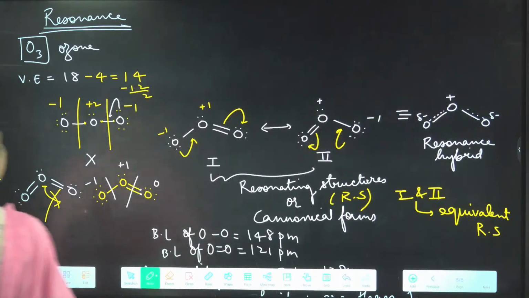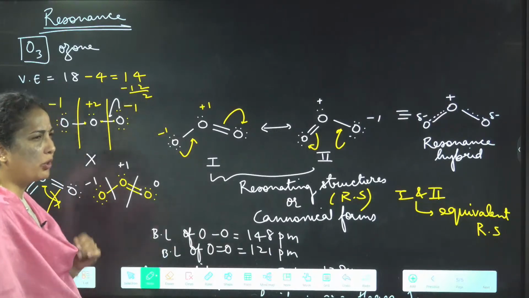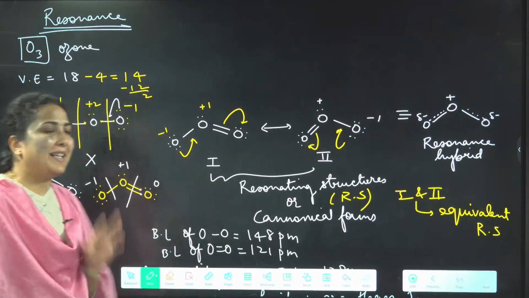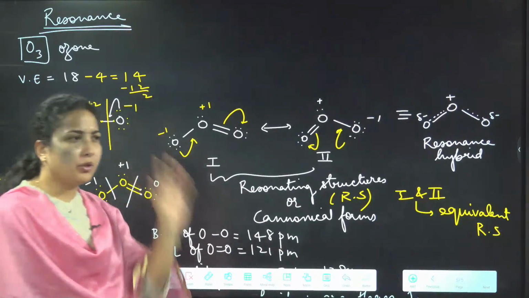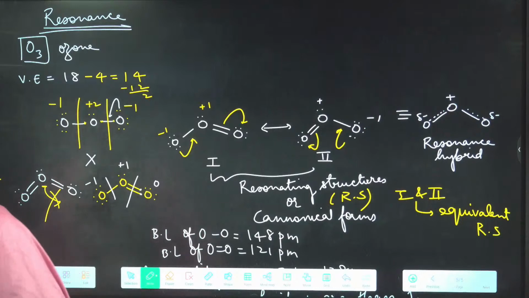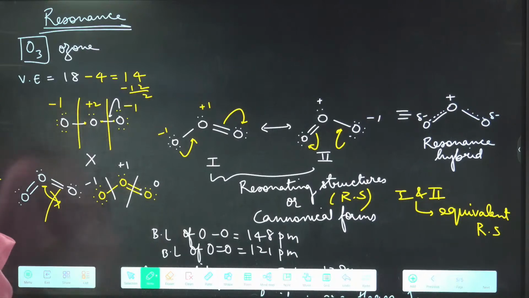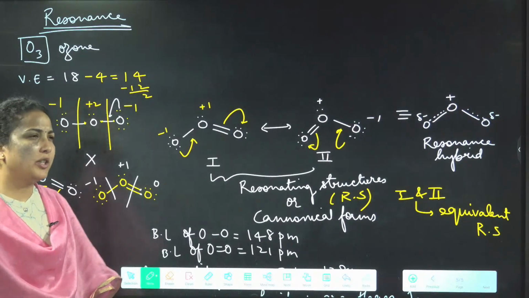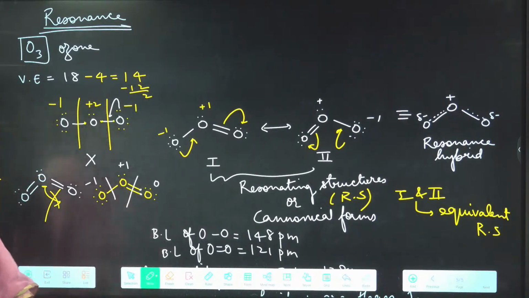And this generic method is a little bit longer, but it is applicable for any molecule or any species you take, for drawing it. As such, for normal molecules which you get, you can always stick to the shortcut which I've told you. Absolutely fine. Here also you could have stuck to that, but only in case of N3 minus and the other ones like OCN minus, SCN minus, you might face some difficulty. That is the reason I've told you the generic method. Write this, and bond lengths you don't have to remember, okay?